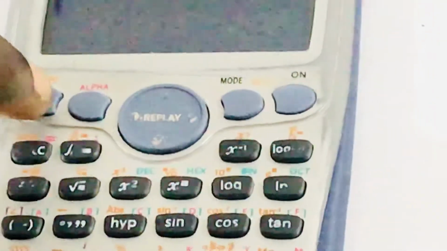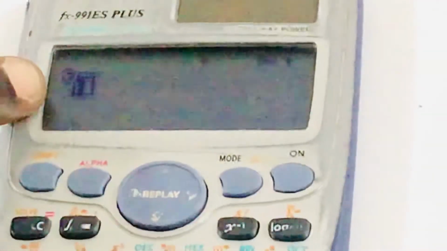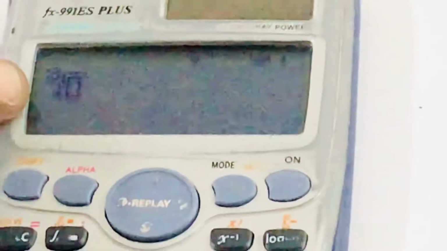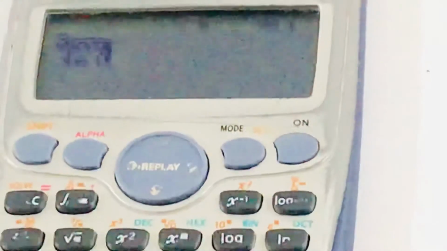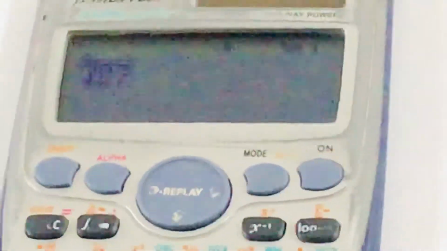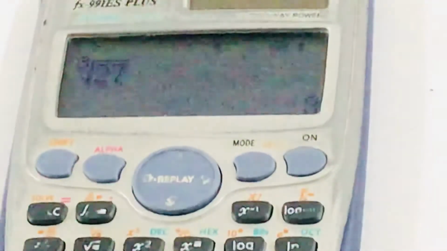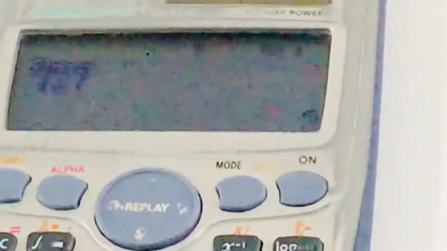So you press on the shift key and the square root sign, and that gives us the cube root symbol. So we are finding the cube root of 27. We just input our 27 into the cube root sign, then we press on the equal to sign. And what is the answer giving us? The answer is 3. So the cube root of 27 is 3.